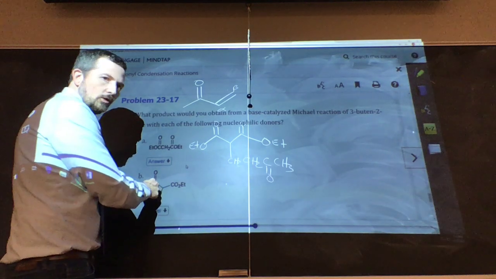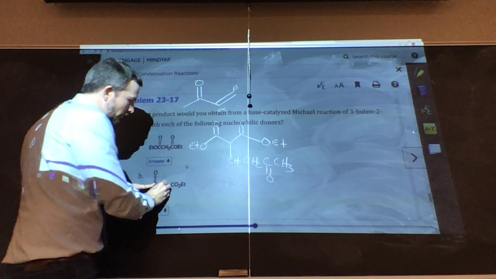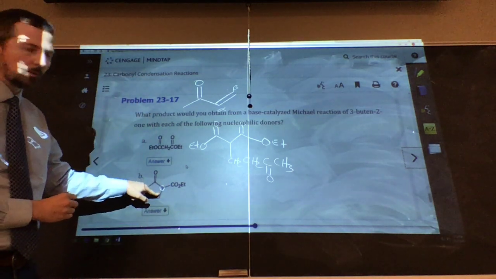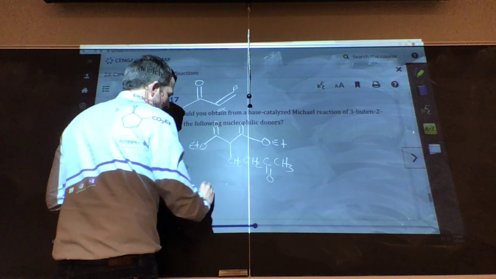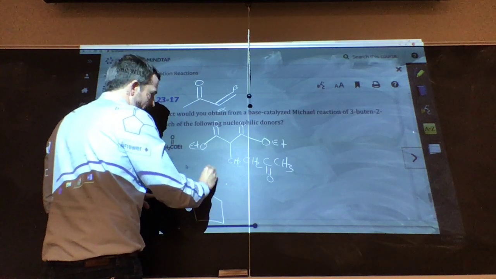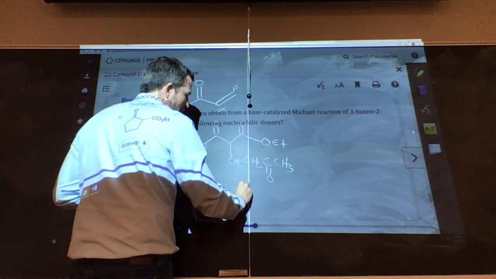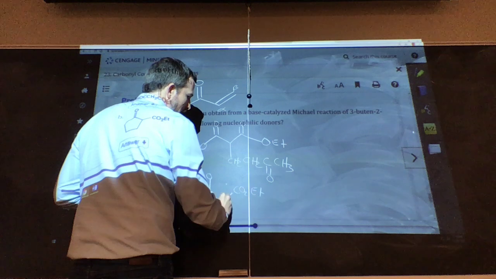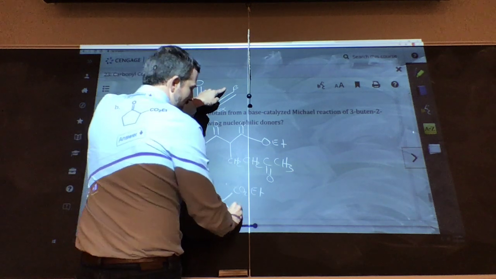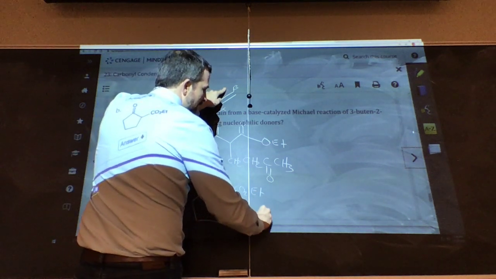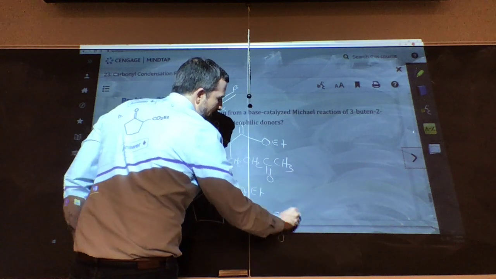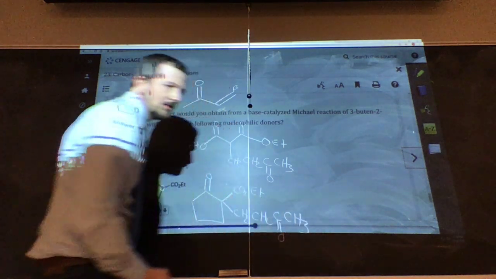Here's my 2 carbonyls here. This is the alpha position, so that's what we'll attach to the beta position of my acceptor. So again, it'll be the CH2, CH2, C double bond O, CH3.